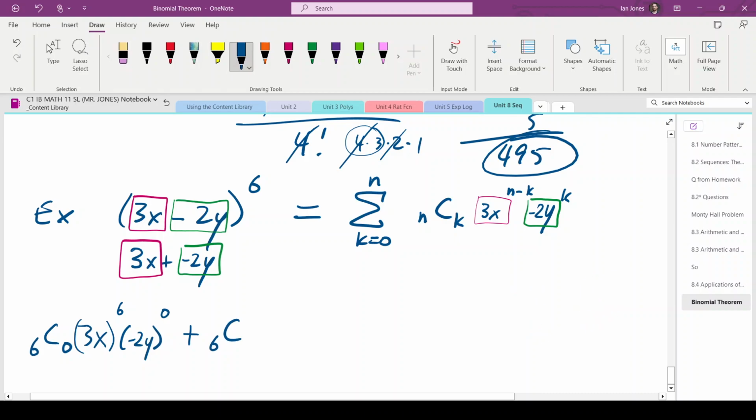Okay, so then I have 6 choose 1. It's going to be 6. 3x to the 5, negative 2y to the 1.